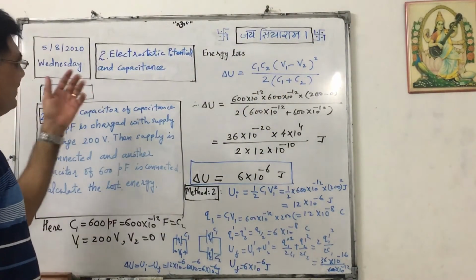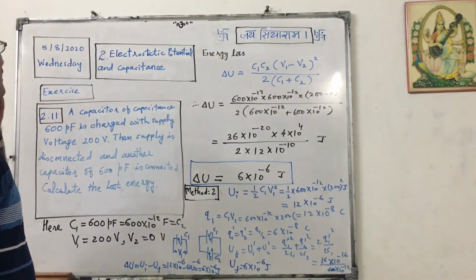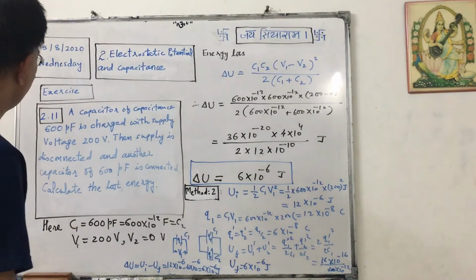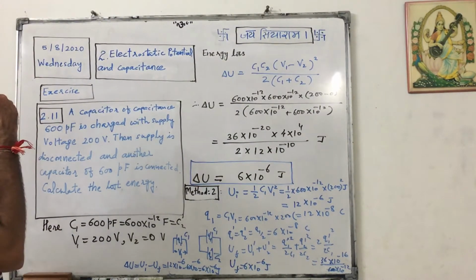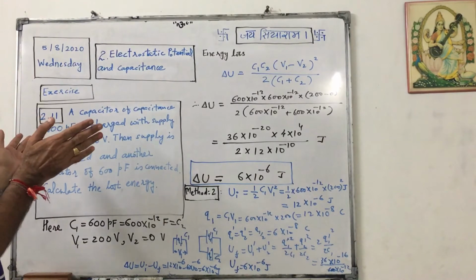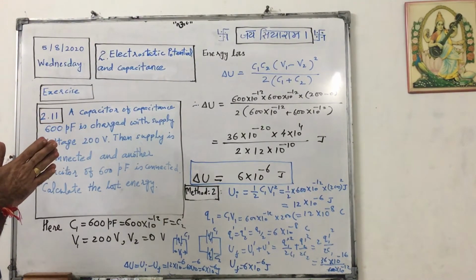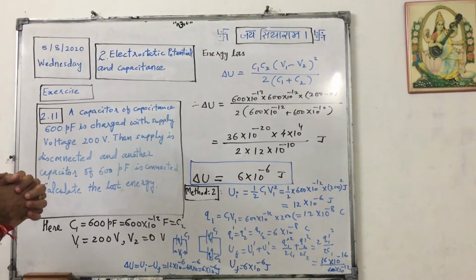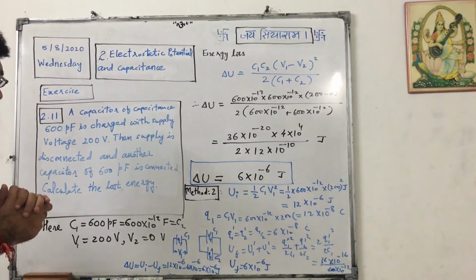So, second lesson, electrostatic potential and capacitance exercise. A capacitor of capacitance 600 picofarad is charged with supply voltage 200 volt. Then the supply is disconnected and another capacitor of 600 picofarad is connected. Calculate the lost energy.